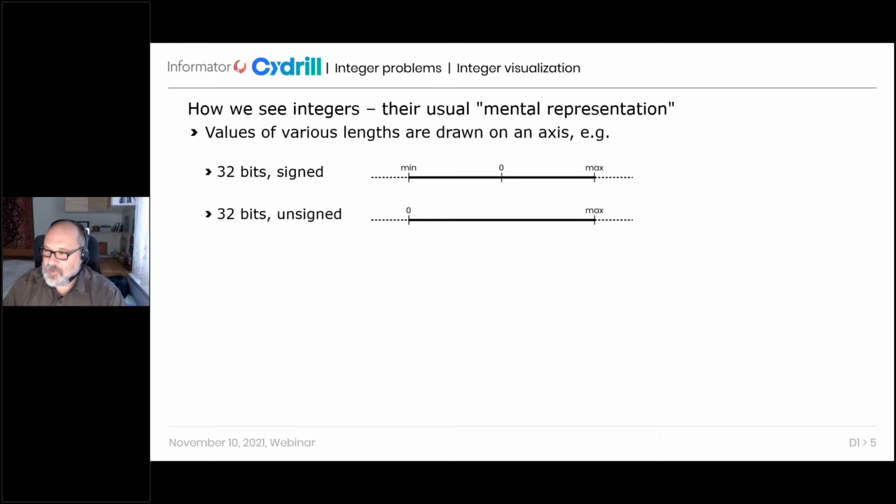When you close your eyes and somebody tells you, okay, imagine integers, all of them, draw on the board how you imagine integers, how they look in your head. Most probably you will come up with an axis, as you can see on the slide. If it is a signed integer, we put a 0 in the middle, saying, okay, this is 0, and then we have positive and negative values all the way.